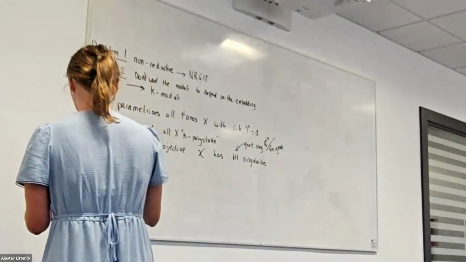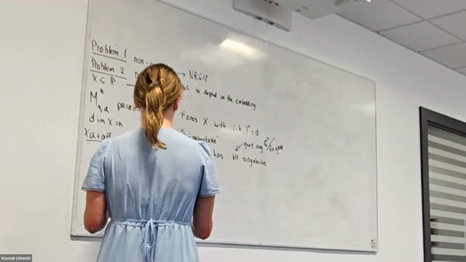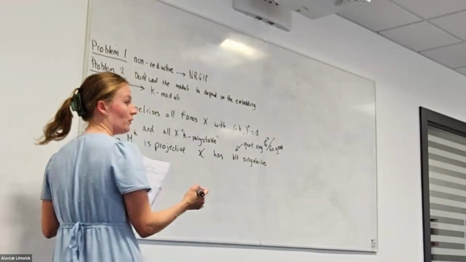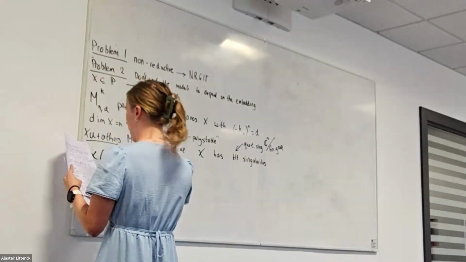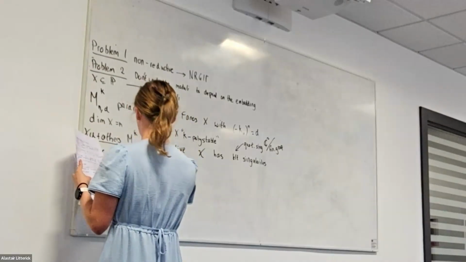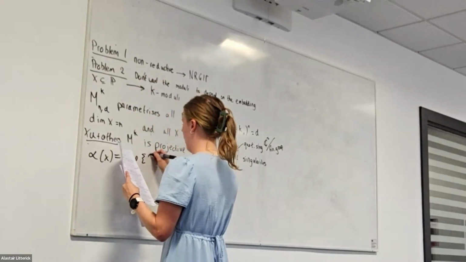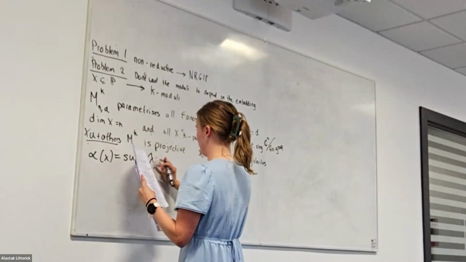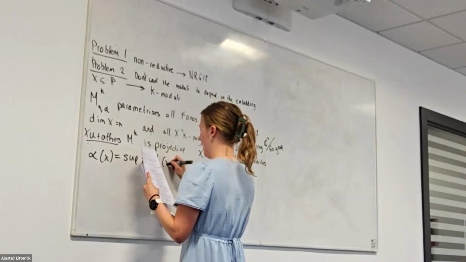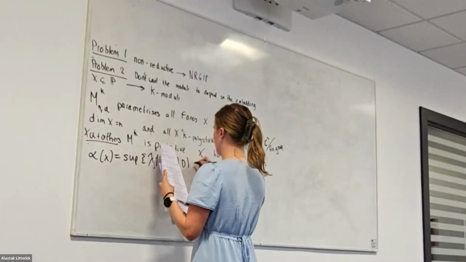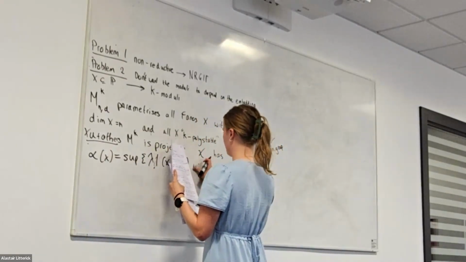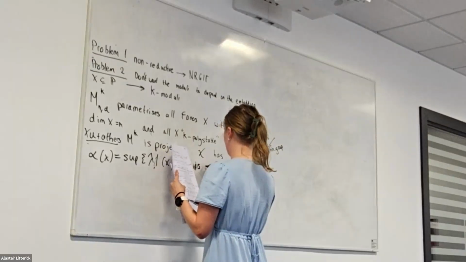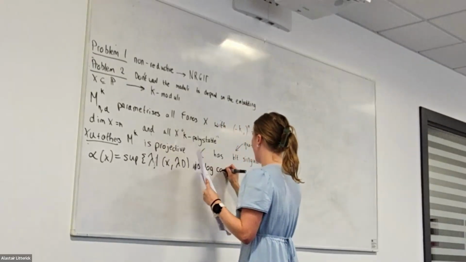Then we can define the alpha invariant to be alpha(X) equal to the supremum of lambda such that (X, lambda D) is log canonical.